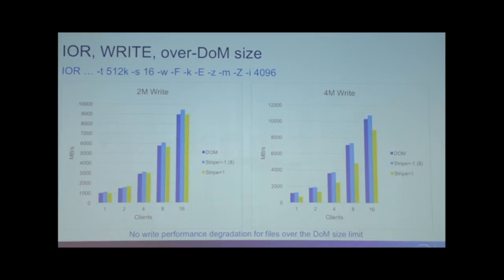And what we see for writes, again, is no performance degradation. The oddity in the graph is that the single stripe performance is lower than the DOM or the stripe -1, and that's because DOM itself is at least 2 stripes, right? The first component's on the MDT. So really we're comparing 1 versus 2 versus 8 in this case.